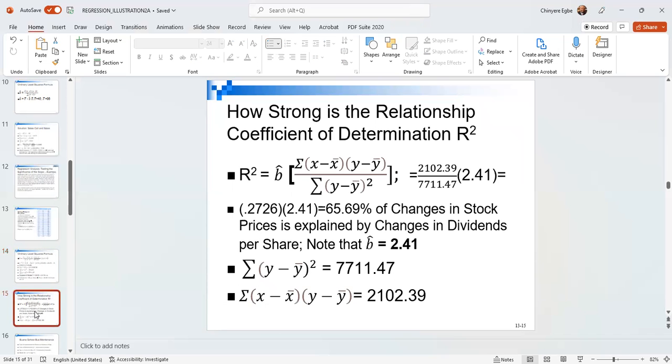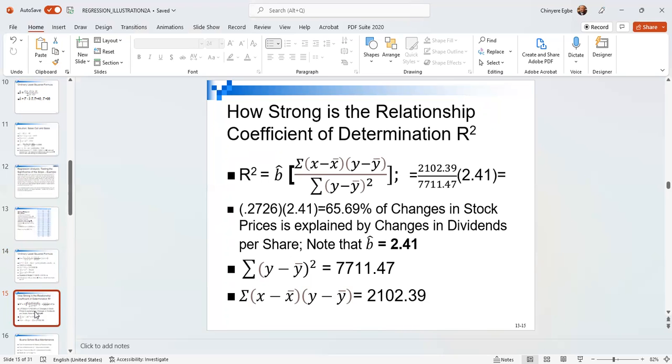So now the question is, how strong is the relationship? What percentage of changes in the values of the dependent variable can be explained by changes in the values of the independent variable?